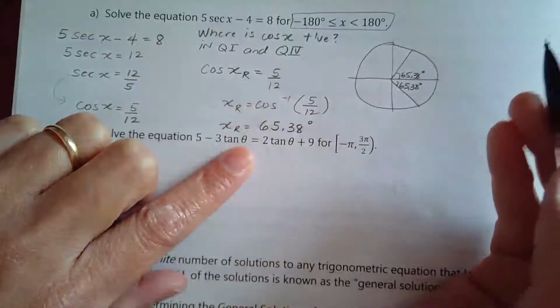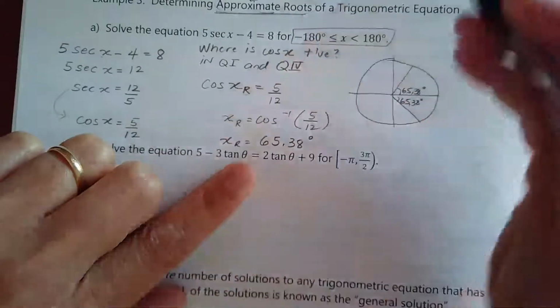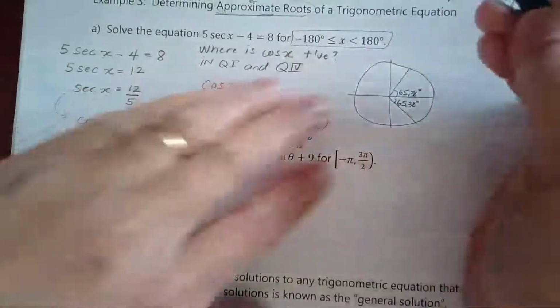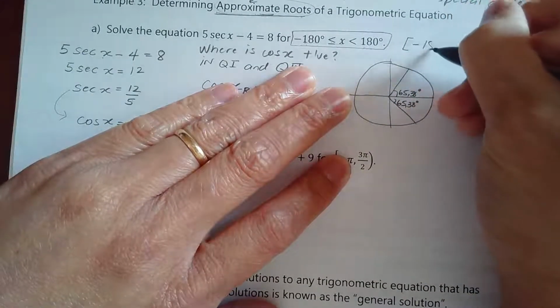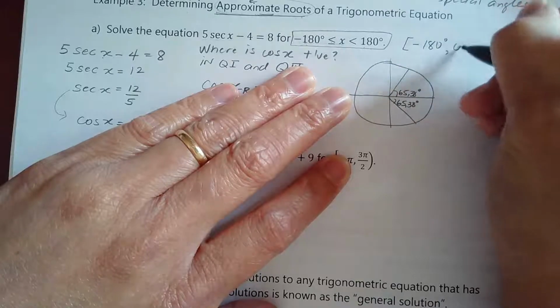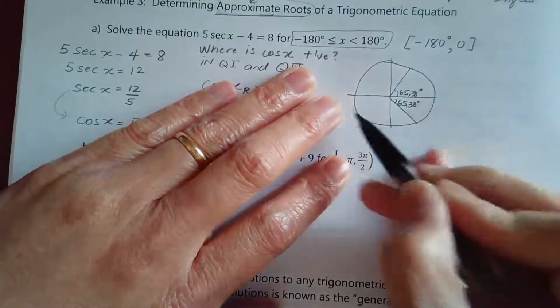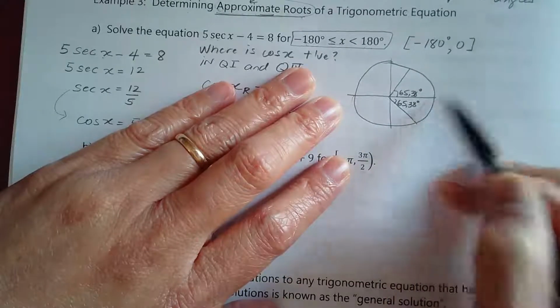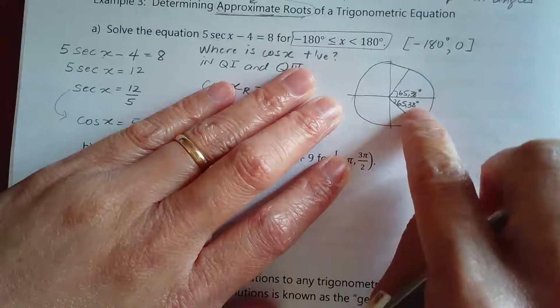Okay, so this is how I kind of think about it. I'm going to deal with what is the solution from negative 180 to 0, so I'll figure that out first.